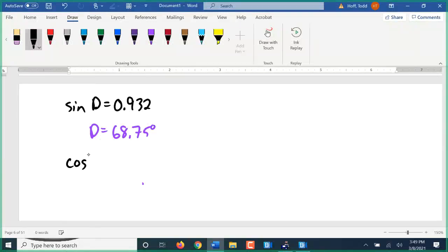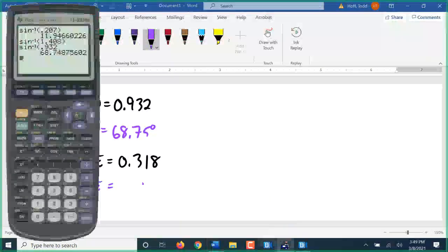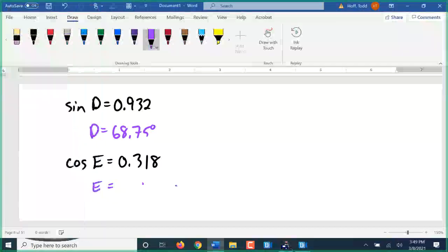I tell you the cosine of angle E is 0.318. How do I find E? So again, for yours, David, you have to get cosine twice, and it'll come up with a little cosine -1. So inverse cosine is what? 71.446, we'll call it, degrees.